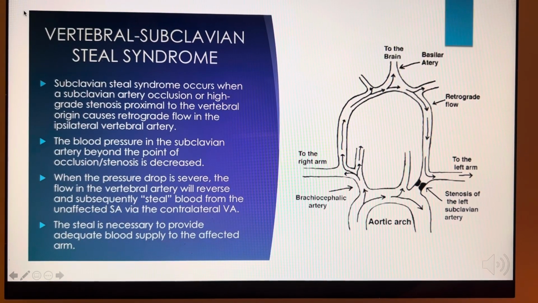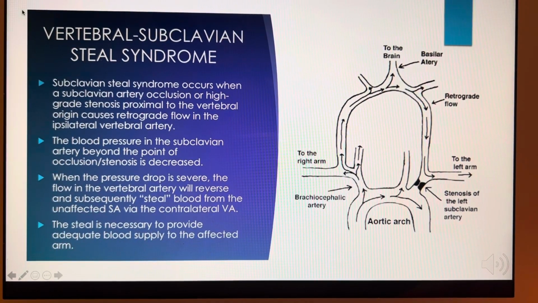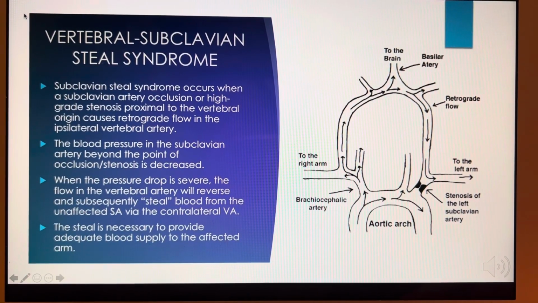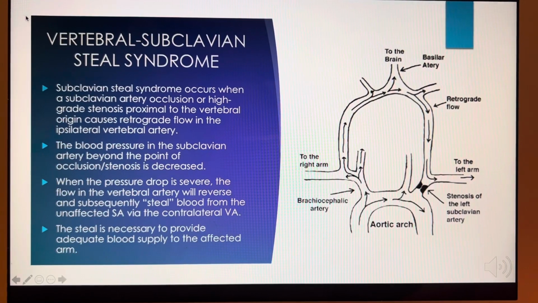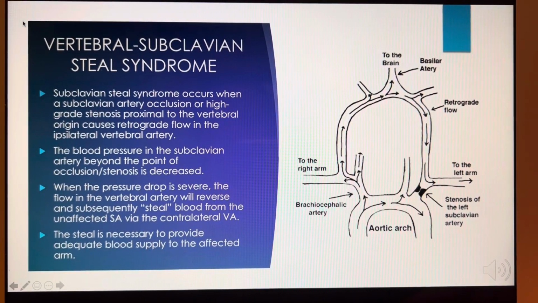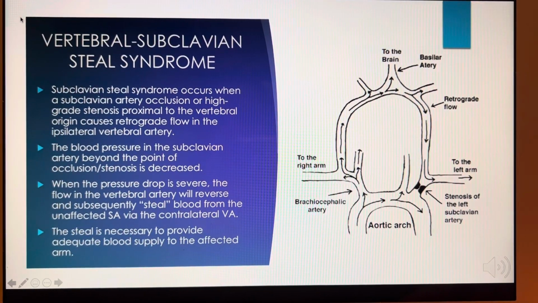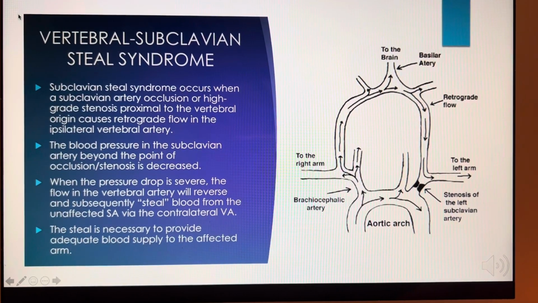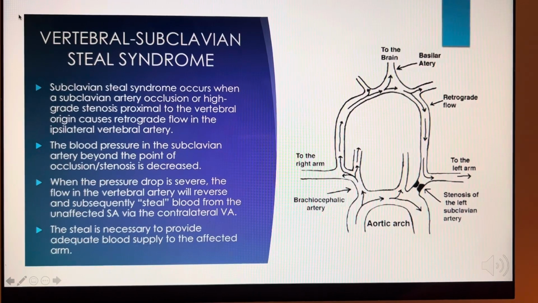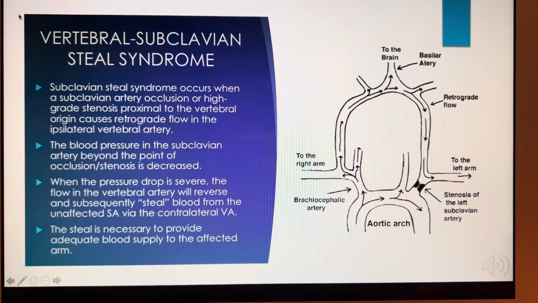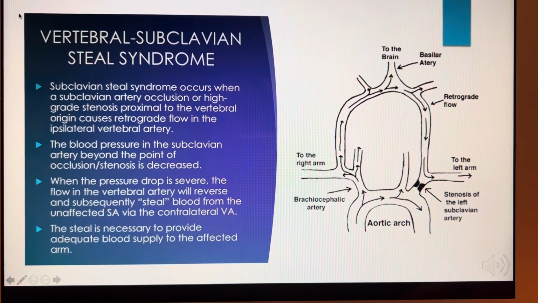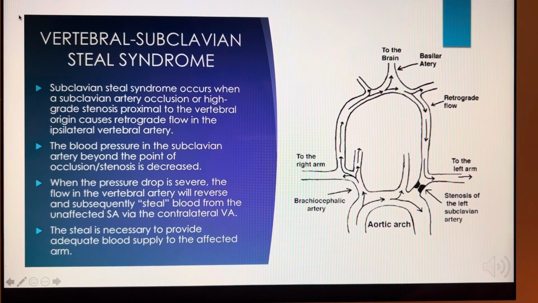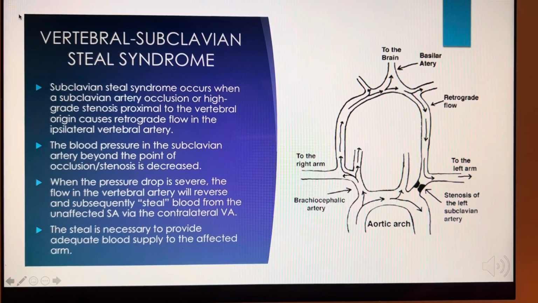The blood pressure in the subclavian artery distal to the occlusion is decreased, and when the blood pressure is dropped, the flow in the vertebral artery will reverse and subsequently steal blood from the unaffected subclavian artery through the contralateral vertebral artery. This steal is necessary to provide adequate blood supply to the affected arm.